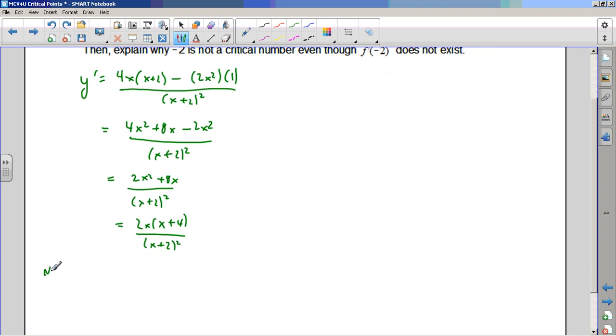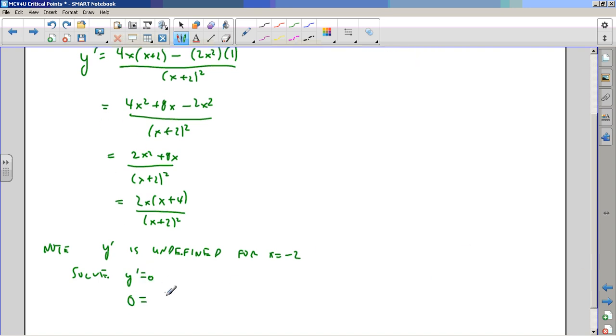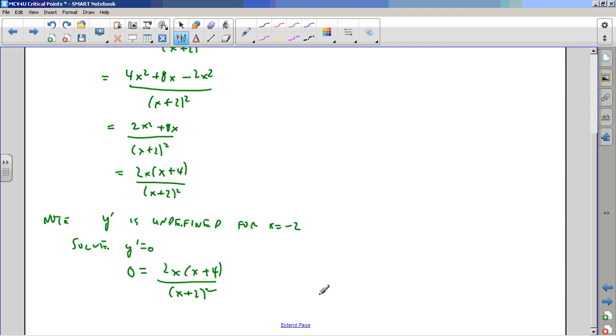Note, I have y prime is undefined for x equals -2, and then I'm going to solve y prime equals 0 otherwise, and I can see that the top is 0 when x equals 0 or x equals -4.